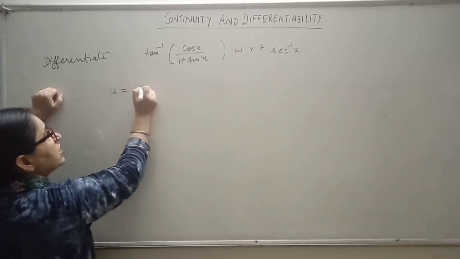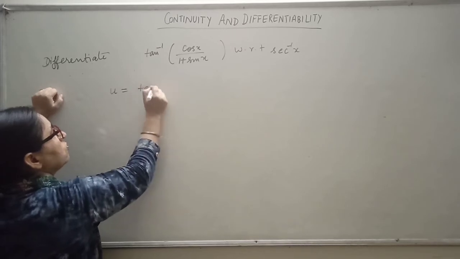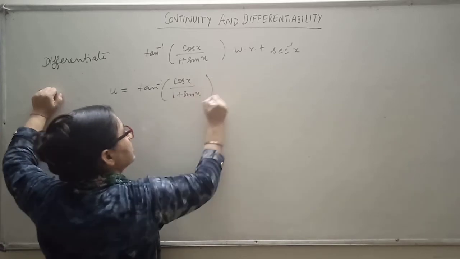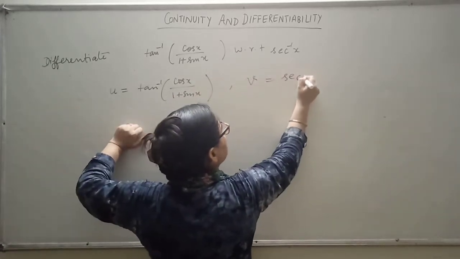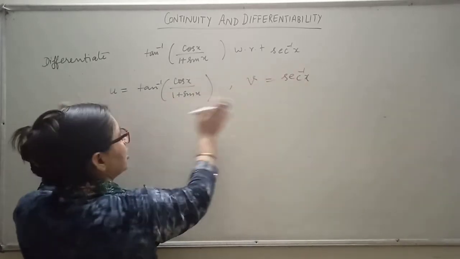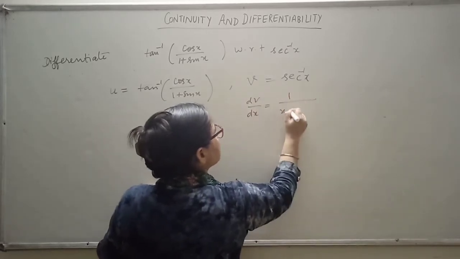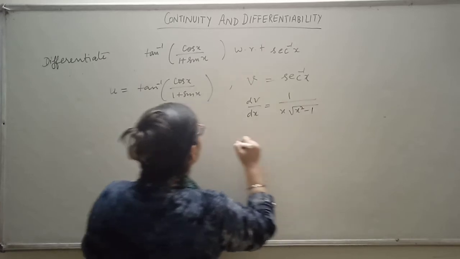So I am writing u is tan inverse of cos x upon 1 plus sin x, and v is equal to secant inverse x. Both are given in terms of x, so I can directly find the derivative of v, this is 1 upon x square root of x square minus 1.